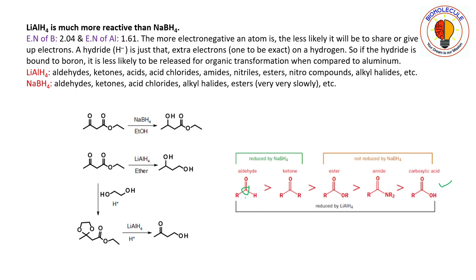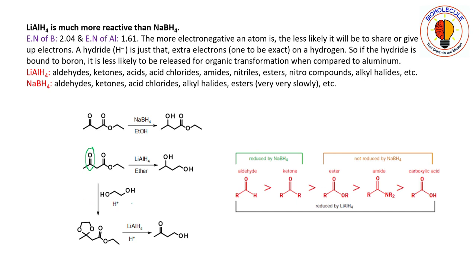All these groups are reduced by lithium aluminum hydride, whereas only aldehyde and ketone are reduced by sodium borohydride, and the other groups are not reduced by sodium borohydride. So you can see that ketone is much more reactive than ester. If we use lithium aluminum hydride directly, first the ketone will be reduced and then the ester, but we have to protect the ketone first.